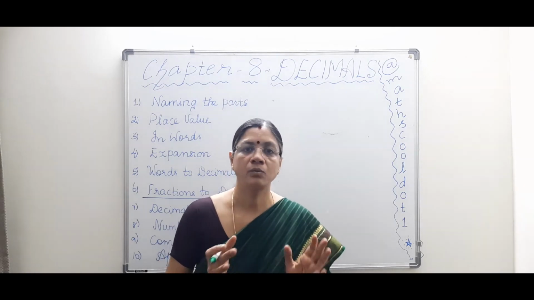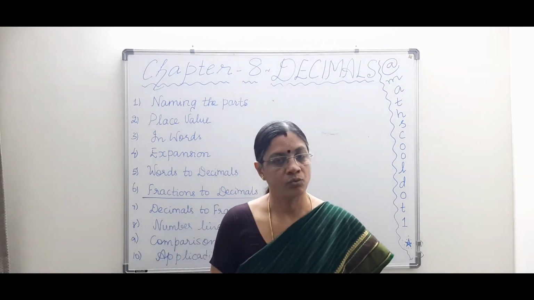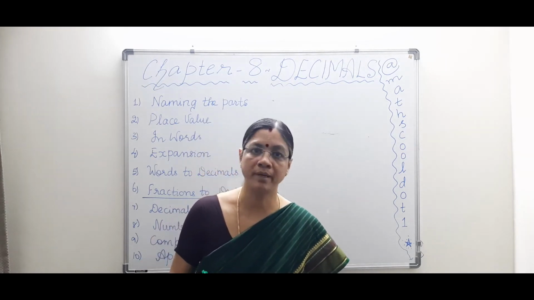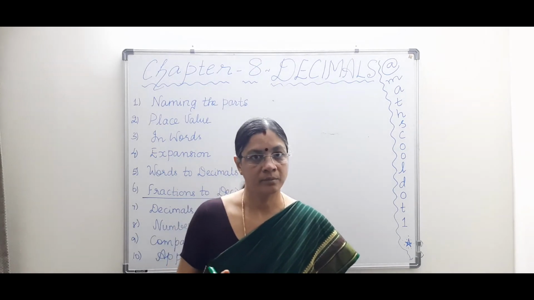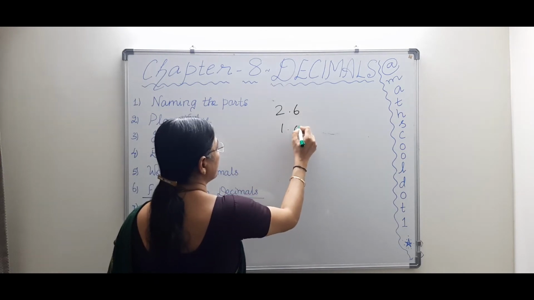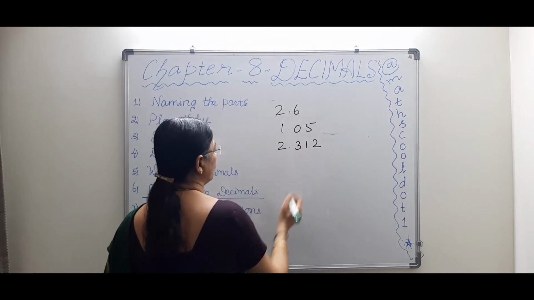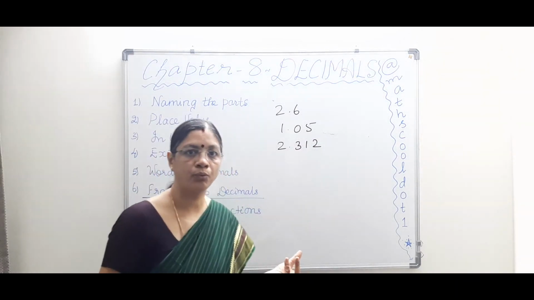So likewise, we have here like decimals and unlike decimals also. So unlike decimals have to be changed to like decimals and then it should be compared. Okay, so what are like decimals and what are unlike decimals, we'll see. Now 2.6, 1.05, 2.312. Now these are three decimal numbers.